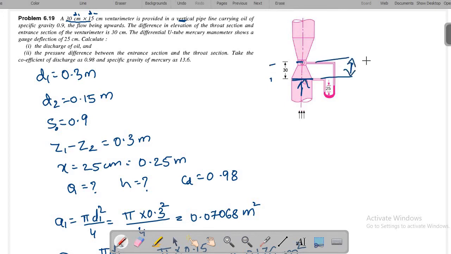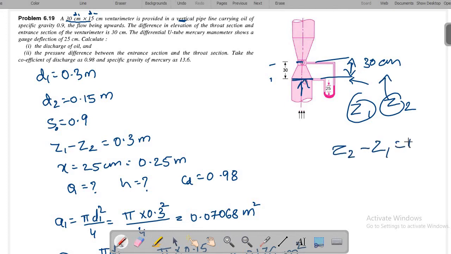That difference is 30 centimeter. Okay, this will be used while studying about the Bernoulli's equation. We have seen Z values, right? Z1 and Z2. For that we will use the difference Z2 minus Z1 will be your 30 centimeter or 0.3 meter. For that we will use this data.